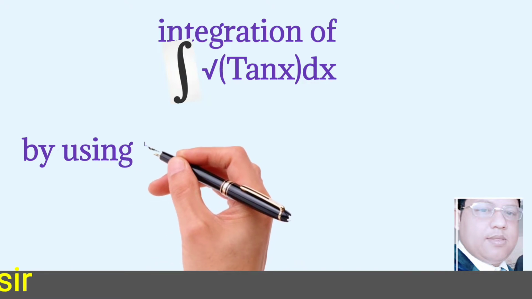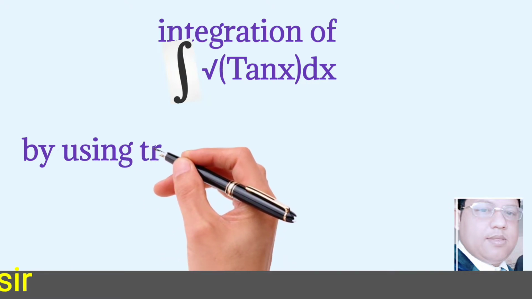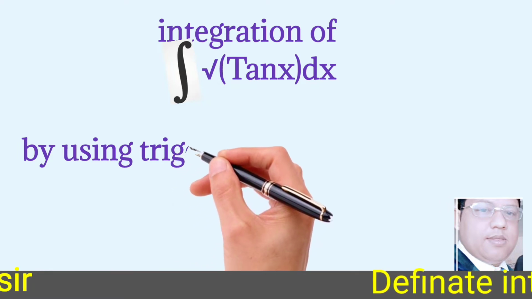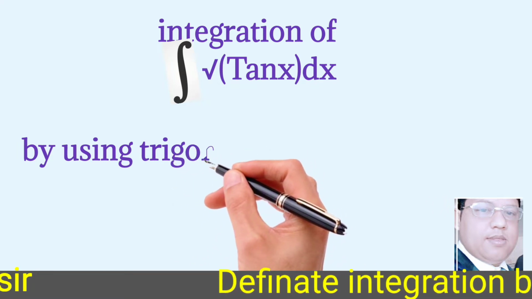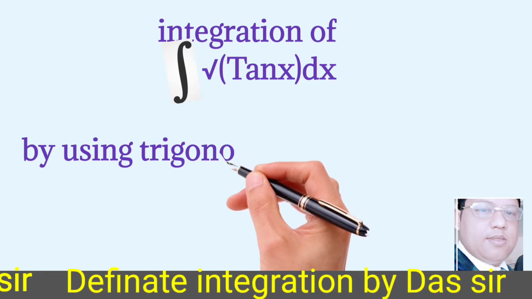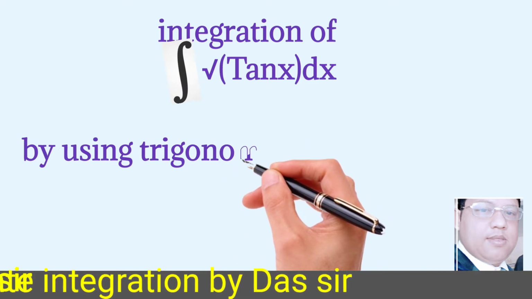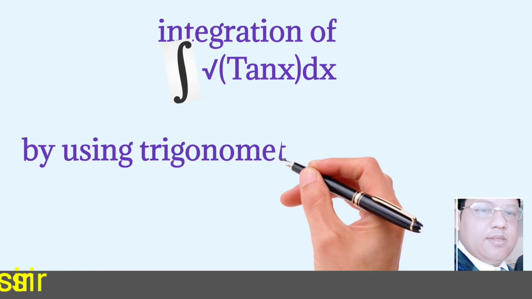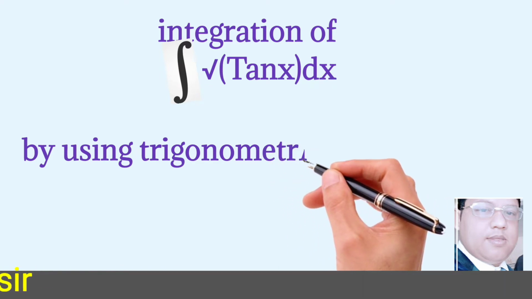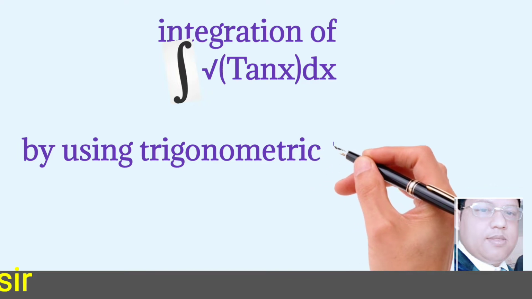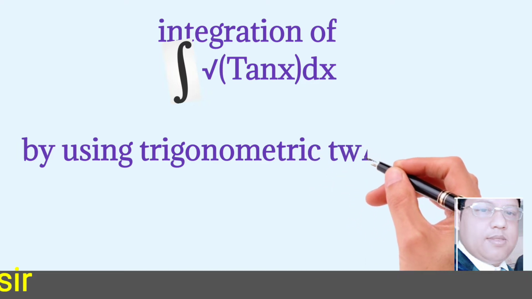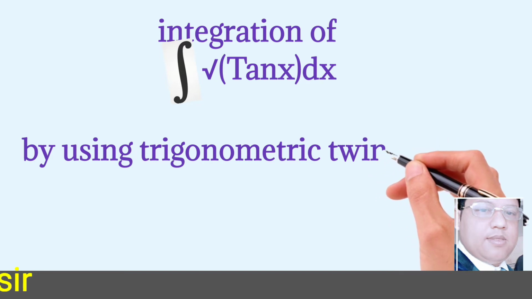The trigonometric twins method is where you write two same parts, one part with plus and another with minus, and that is called the twins method. If one part is a plus b, the next part should be a minus b. So you have to write in two parts, and that is called the twins method.